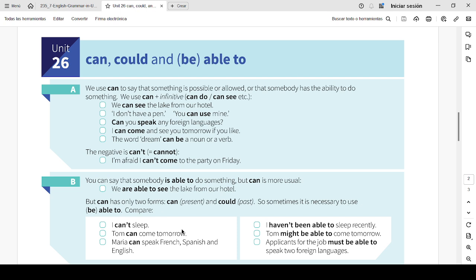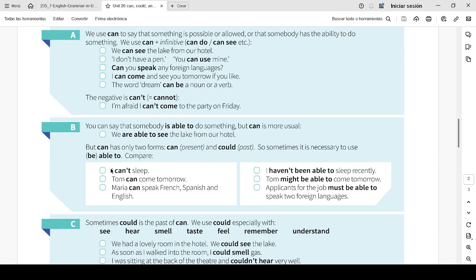Let's compare these examples. I can't sleep. I haven't been able to sleep recently. Basically, we use can to express only the present time.